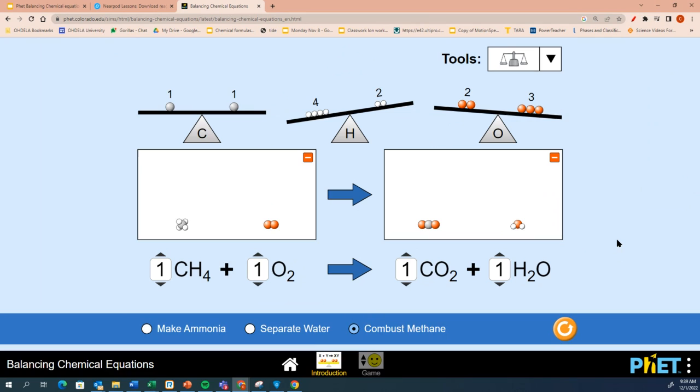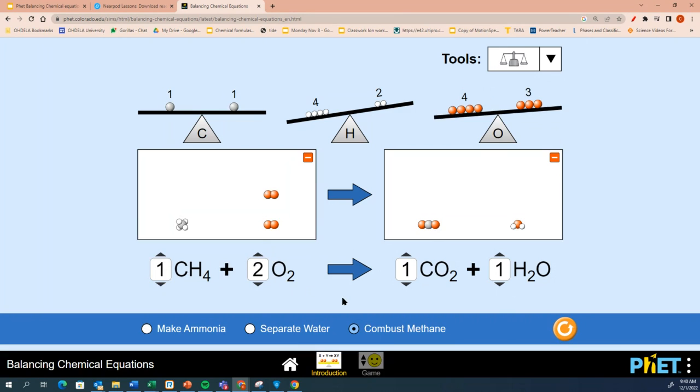Usually what we do is notice what's low. Here, oxygen is low on this side, so I can add oxygen on this side. And it looks like there's too much hydrogen here, so I might have to fool around with this in order to do that. So again, try it again.